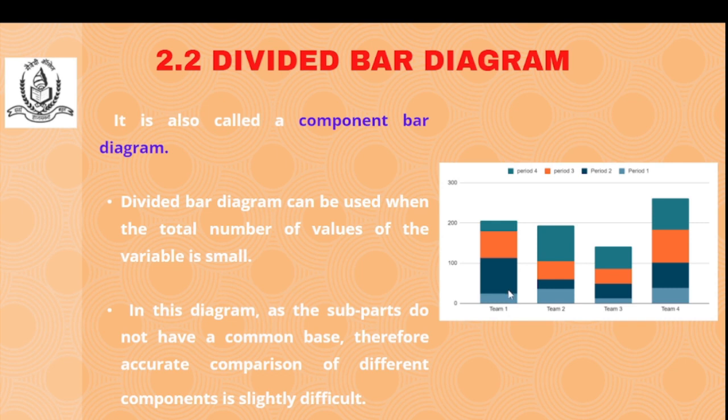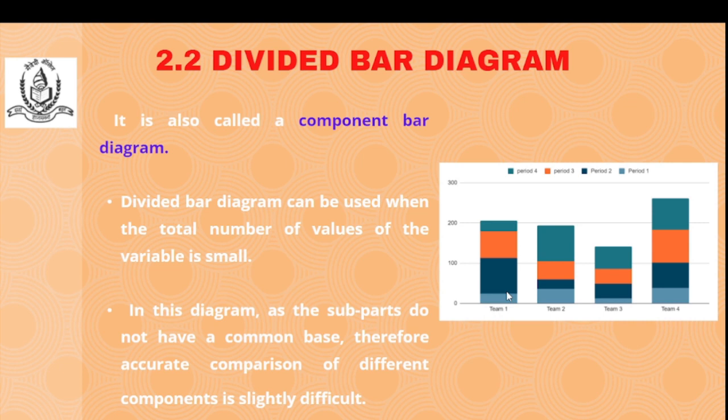You can see here that the values of different components are represented as the subparts of one single bar being used for representing team 1. The values are represented in such a manner that they are stacked upon one another or represented as different subparts of the single bar.